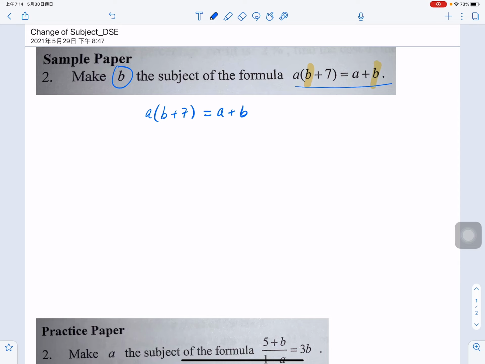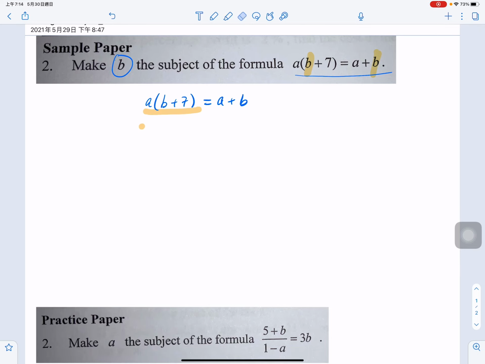So first expand this part, and 8b plus 7a equals a plus b. And remember to group b all together. Sorry, this one should be 7a.